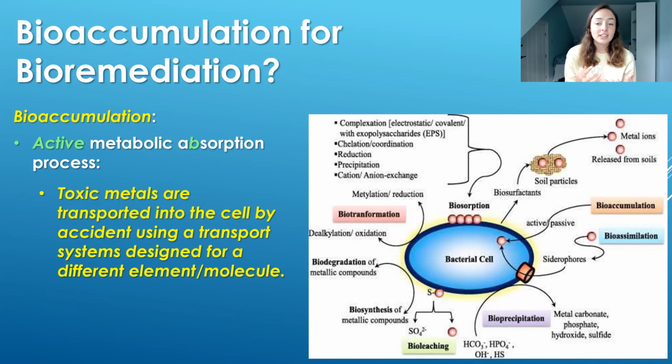We're targeting these cells to take up this toxic metal that's in the environment, and so they accidentally take up this toxic metal or material into their cell through this transporter that's meant for something else that just looks similar. And once it's in their cell, they can't necessarily use it, so it accumulates there. And that's why it's called bioaccumulation.